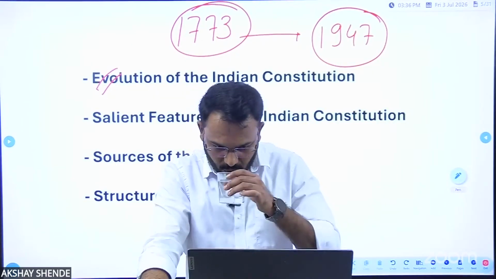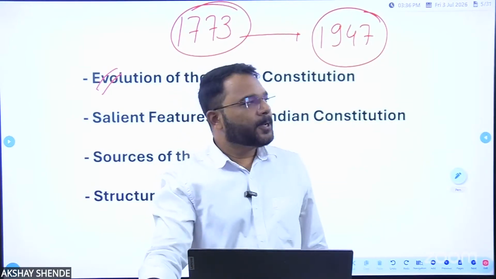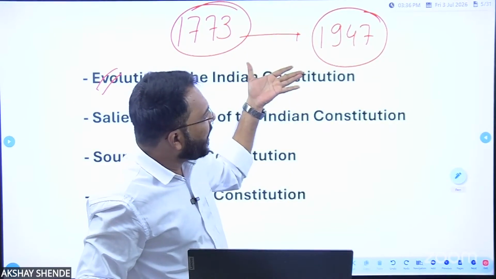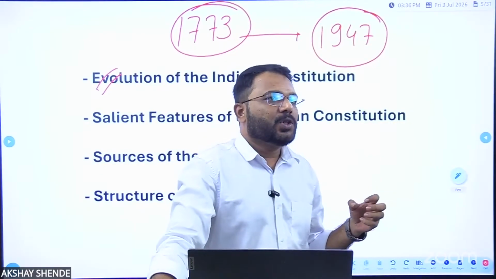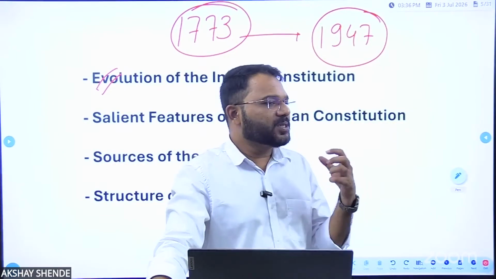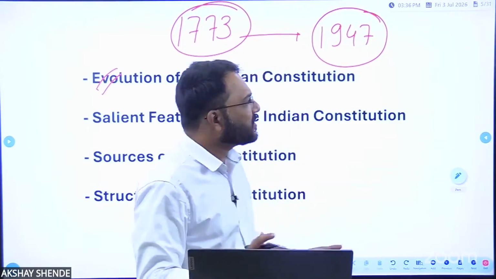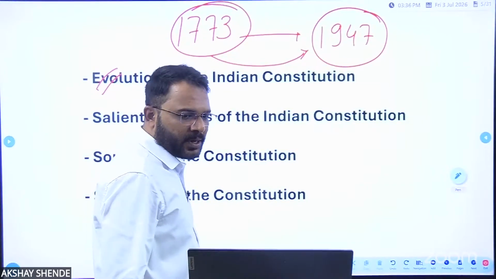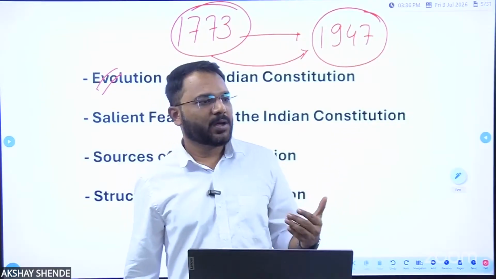So our constitution, or we can say the overall laws, the overall setup, the overall polity or system of our country, has developed from 1773 to 1947. Yes, so we have to also study this evolution.